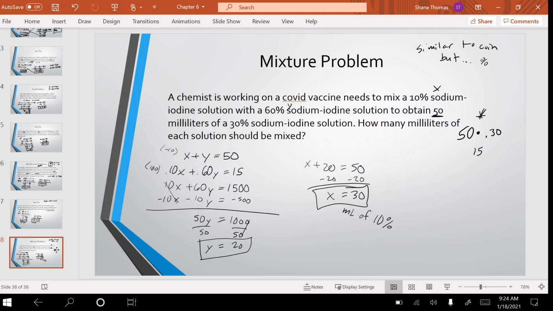And I would need 20 milliliters of the 60% to give me 50 milliliters of the 30%. Does that make sense, guys? All right.